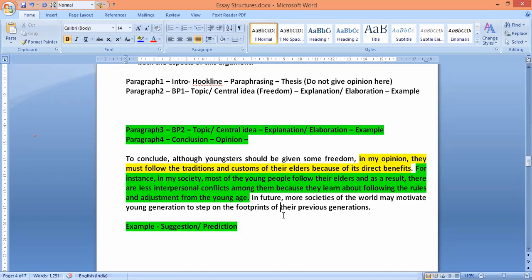But give an example which makes some sense. Don't say, in my experience, I know aliens and they live on a far away planet. Don't do that. Like I'm talking about Indian society, so in my society, give a logical example.